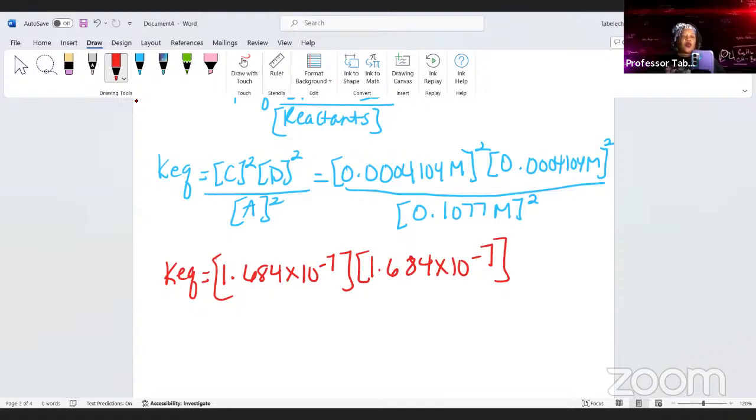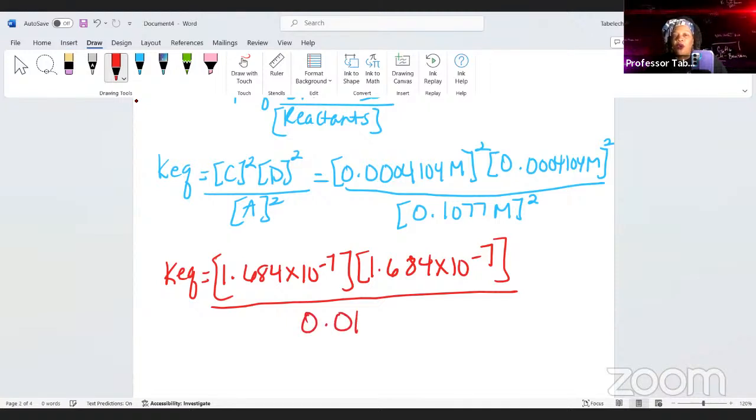So that's 1.684 times 10 to the negative 7. And you're going to multiply those two numbers. And then on the very bottom, let's square that one too. 0.1077 squared. And we get for the very bottom 0.01160, because we have to make sure we have the appropriate number of significant digits.